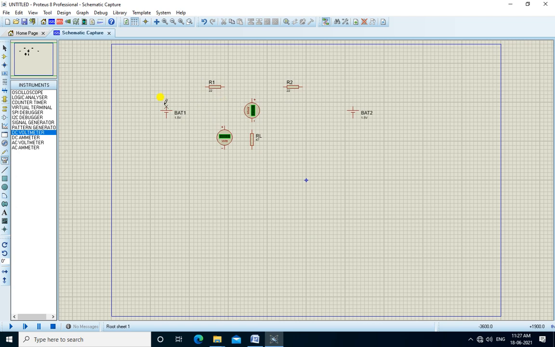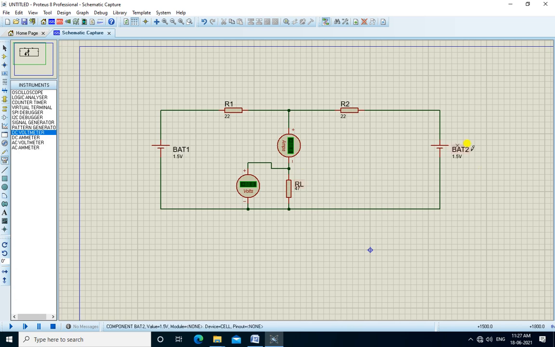Now we connect all the components. Okay. Now the circuit is connected. Now we run the simulation.